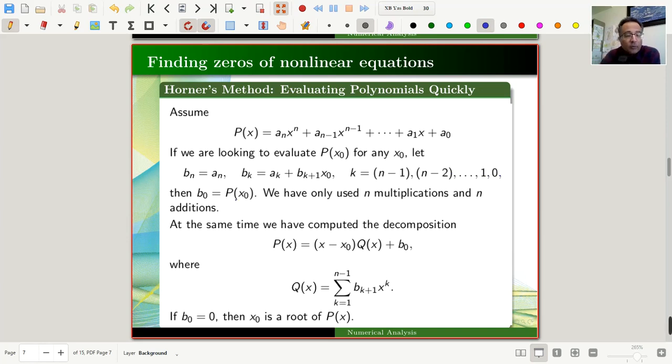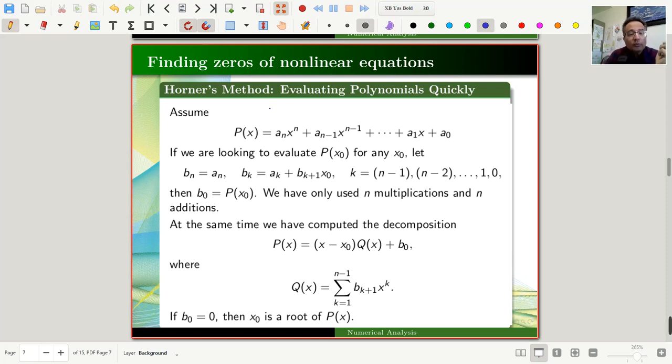If we construct this equation, then b0 will be p of x0. In fact, this is a theorem, and you can find the proof in every numerical analysis book. In this technique, we only use n multiplications and n additions.